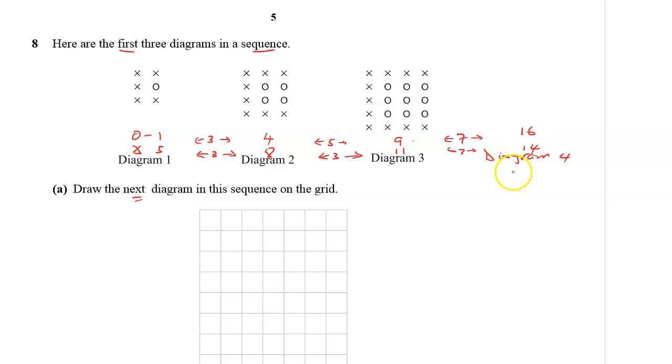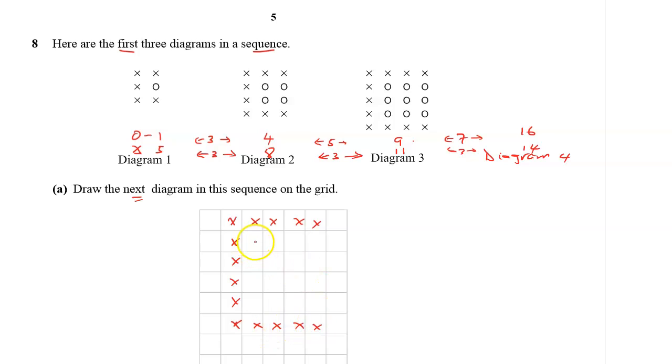So then, of course, we can draw that here. 14 will have 5 crosses horizontally like this, and downwards we'll have 4. 1, 2, 3, 4. Then we'll have the other row here, crosses 5.